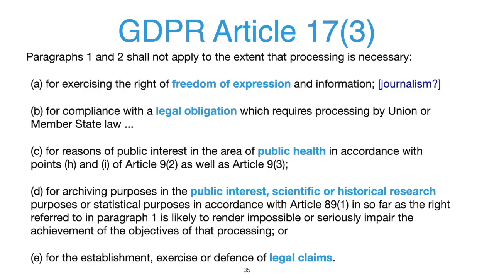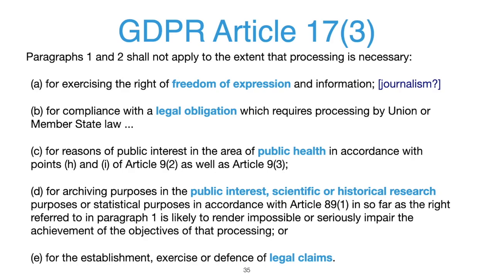Obviously, if there is a legal obligation which requires the processing, well then, the controller has to meet that obligation. There's a public health exception. Again, this seems to make more sense now than it did when it was first written. We've seen that there can be extreme public health scenarios that may require the individual privacy rights of data subjects to be overridden.